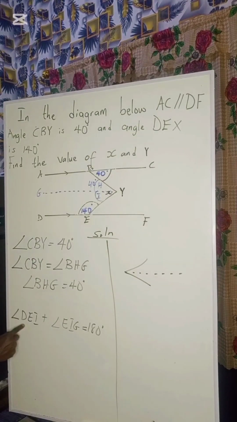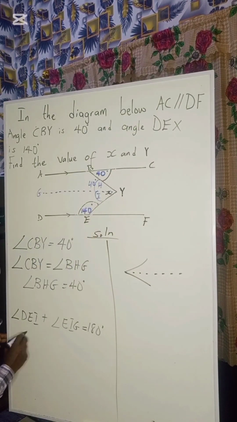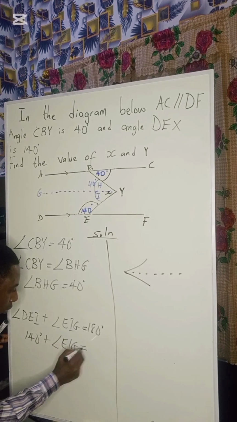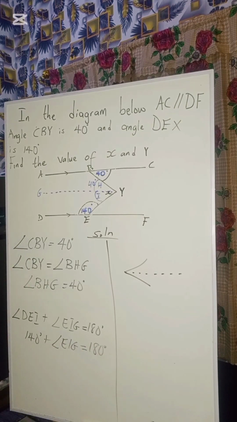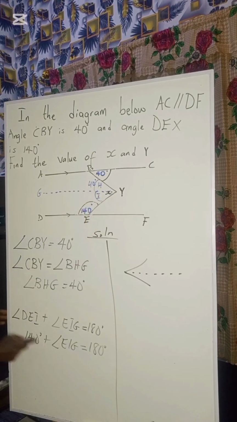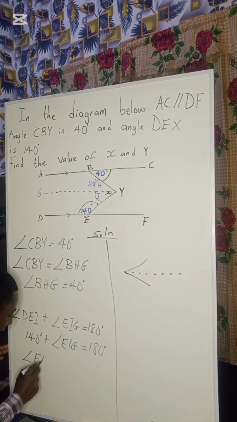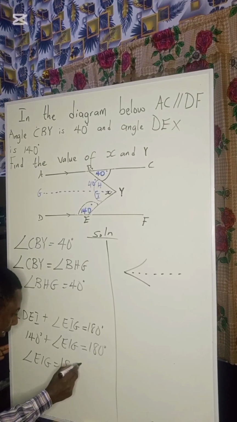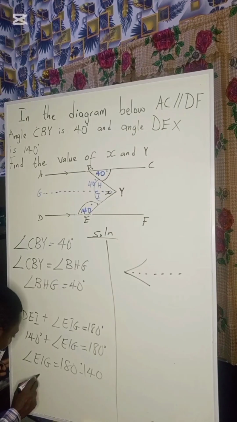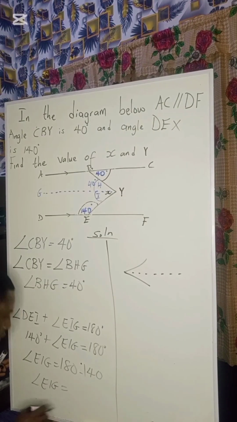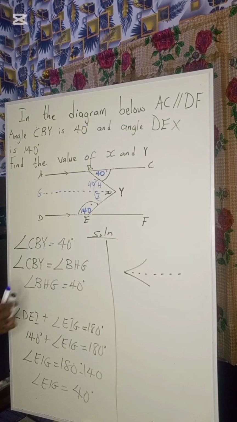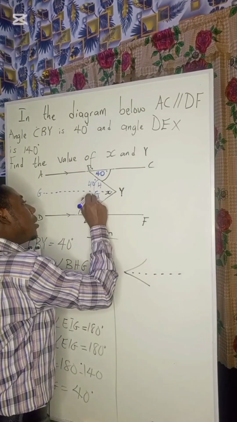DEI was 140 degrees, plus angle EIG equals 180 degrees. We are looking for angle EIG, so you find the inverse: angle EIG equals 180 minus 140, which gives us 40 degrees. So this side is also 40 degrees.